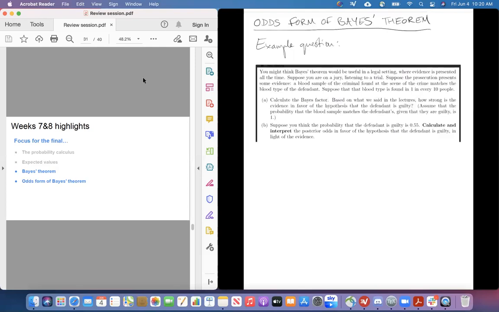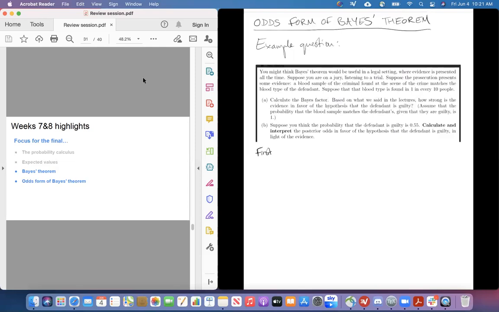B says, calculate and interpret the posterior odds in favor of the guilty hypothesis in light of the evidence. And you've also got some information about your prior probability that the defendant is guilty in part B. Now, before I give you a couple of minutes to think about how to go about this, I want to tell you how you should start these questions.